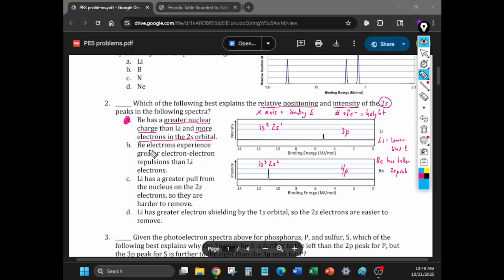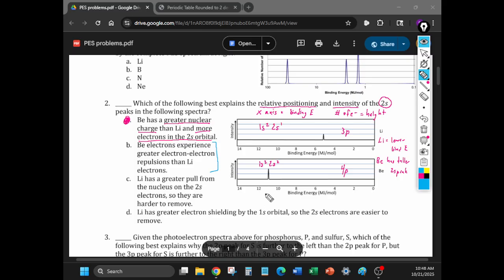Okay, let's look at B. It says beryllium electrons experience greater electron-electron repulsions than lithium electrons. Well, this is true in the sense that beryllium has 4 electrons and lithium has 3. But if this was the correct answer, what should we expect from the peaks?